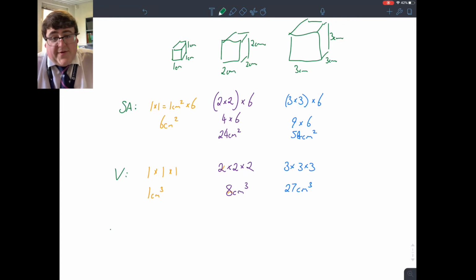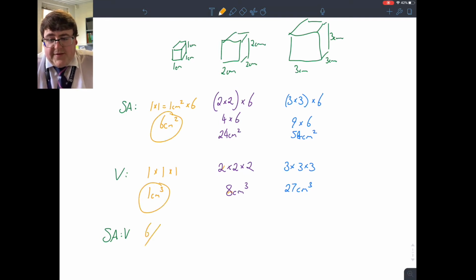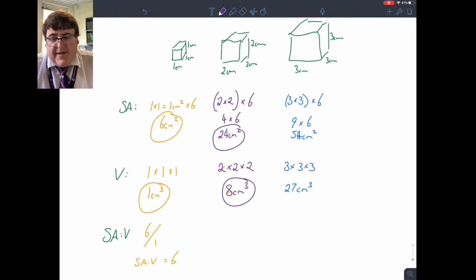We now need to work out the surface area to volume ratio, so that simply involves us dividing the surface area by volume, which we'll just write down here. So let's work out the surface area to volume ratio for each of these cubes. 6 divided by 1, that's going to give us a surface area to volume ratio of 6 for this 1 by 1 cube. Next, for this one over here, the 2 centimetre cube, 24 divided by 8, that's going to give us a surface area to volume ratio of 3.